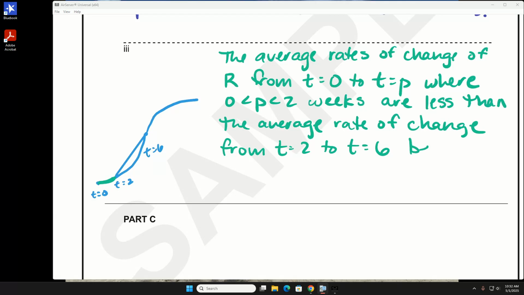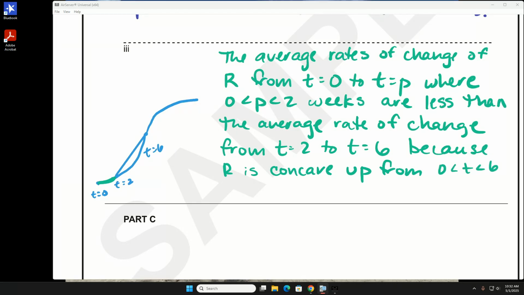Because, now I'm telling you, you have to give concavity. So the reason has to do with that. So because, is it R? Yeah, R is concave up from 0 to 6.